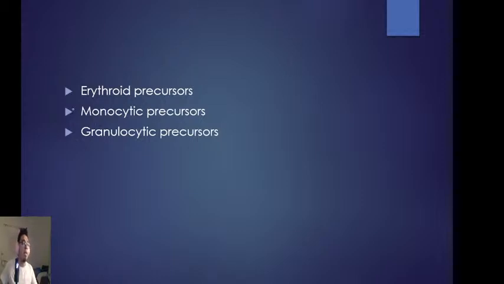But I want you guys to keep things simple. Everything needs to be simple. For now, erythroid, monocytic, and granulocytic precursors. So if you see CFUE, that means it's a colony forming unit. That is the primitive cell for erythroid precursor. CFUM, you're going to see CFUGM, GM.